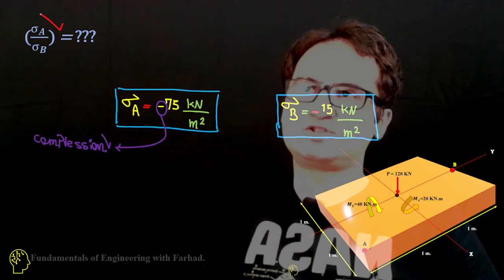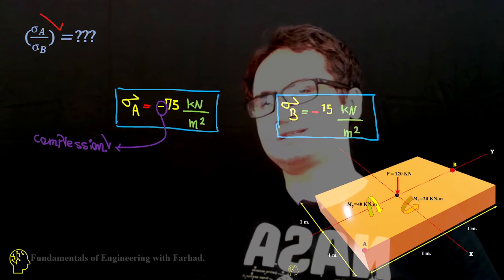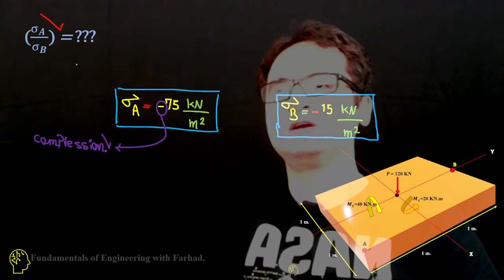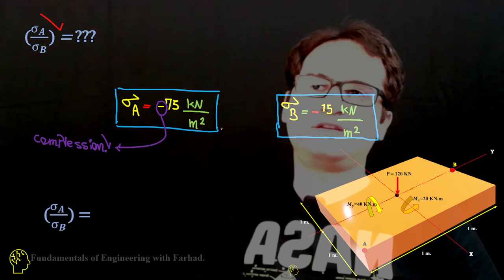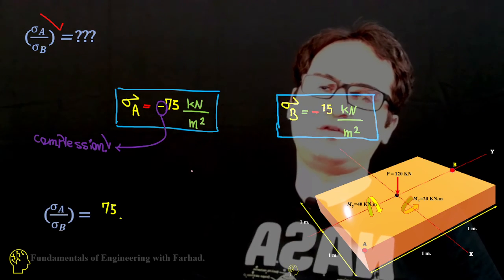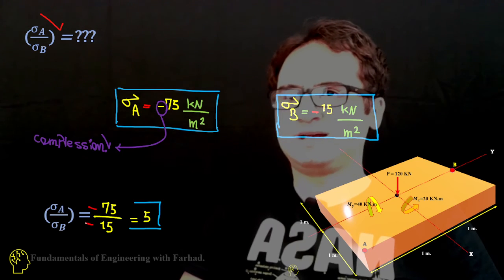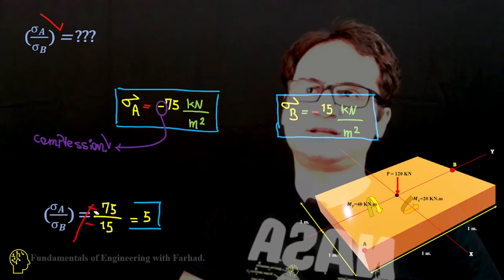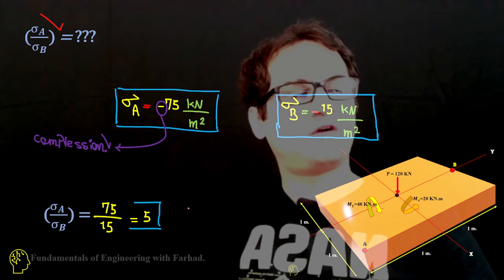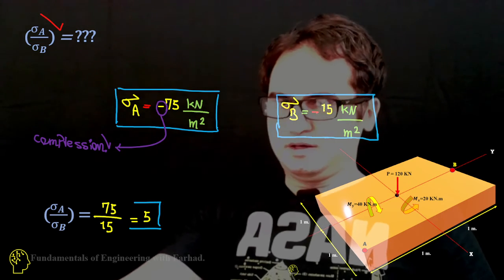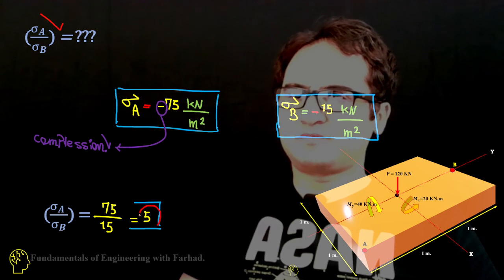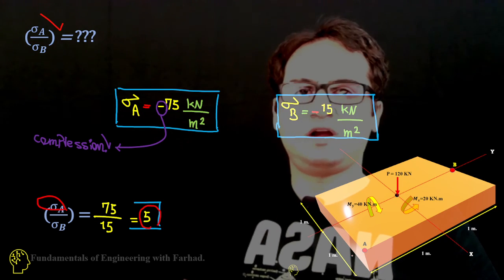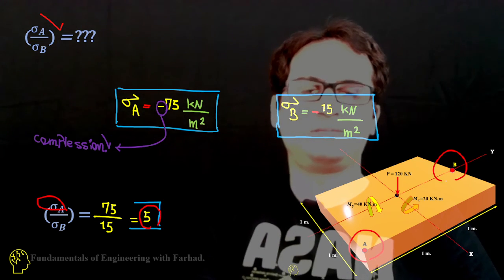Our problem is asking for the ratio of sigma A over sigma B, which is negative 75 over 15. We can cancel out the negatives, and that gives us a numeric value of 5. It means the stress at A is 5 times the stress at point B.